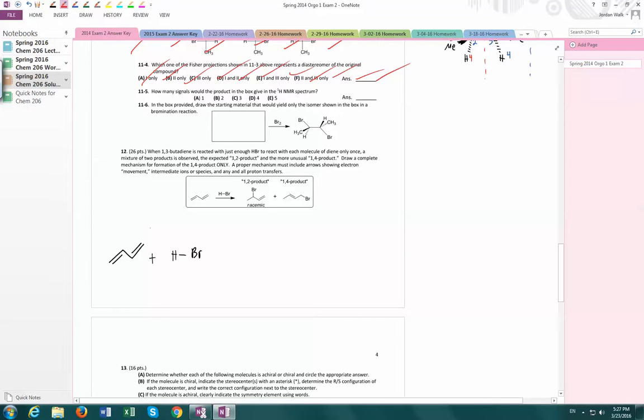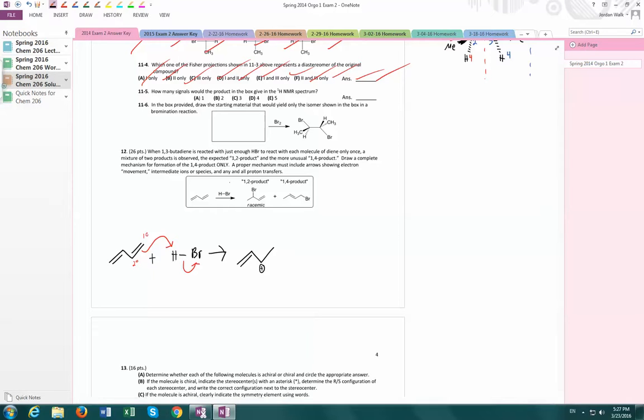In that case, are we going to protonate the primary or the secondary? The primary. Yeah, we'll protonate the primary so that we end up with the secondary carbocation. So that's our intermediate. It wants to show the formation of the 1,4 product.